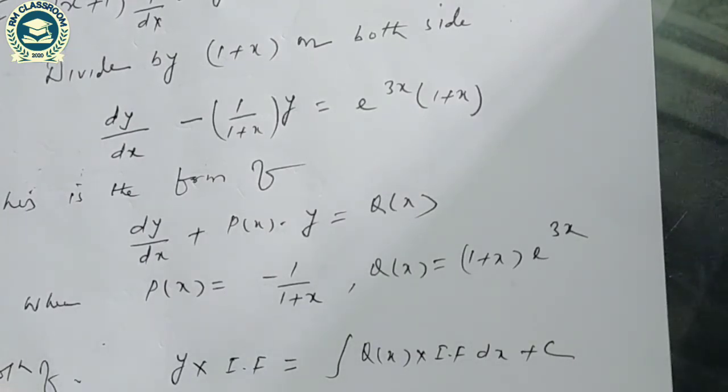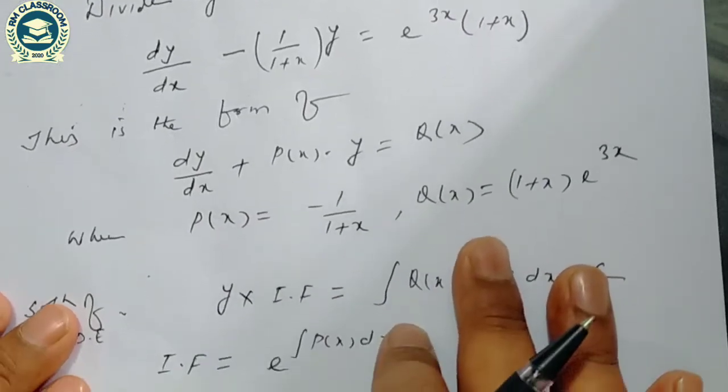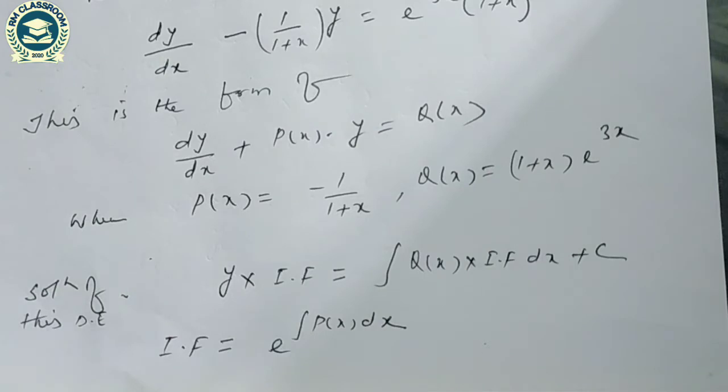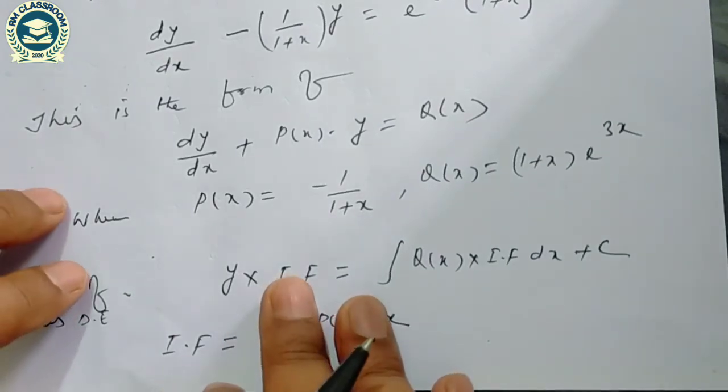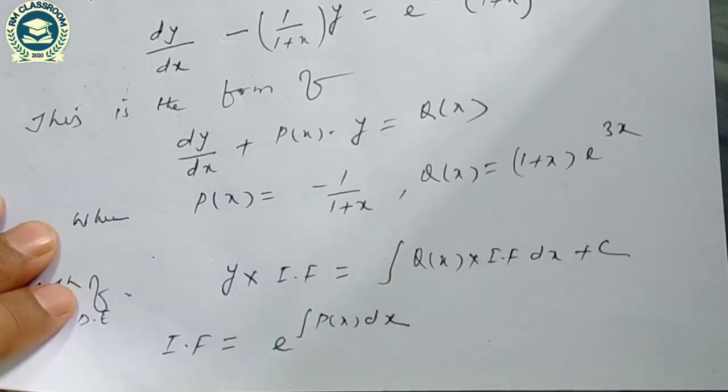the integrating factor is equal to e to the power integral of P(x) dx. So the integrating factor can be computed by this. Firstly we have to compute the integrating factor.